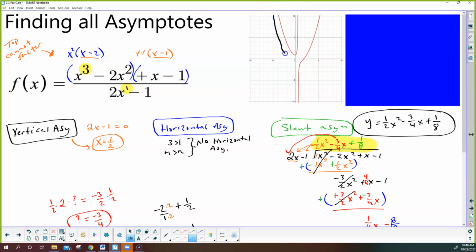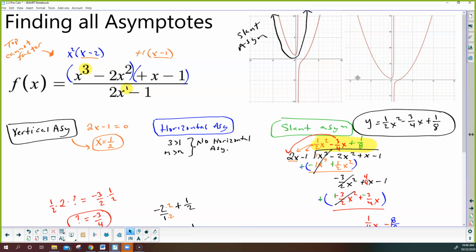Right here this part of the graph looks to be following a parabola. And that parabola is what we call the slant asymptote. And its equation is right here, the one that we found. So notice the equation was some type of parabola, x squared. And that's what it looks like.